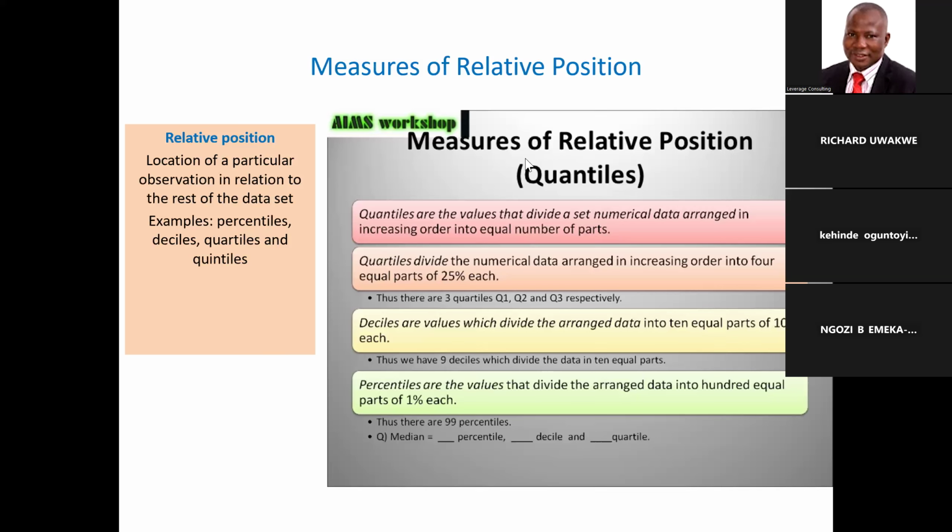And another measure of dispersion or spread here is the interquartile range. That is the difference between the upper and the lower quartile, that is 75 and 25. And they usually use it sometimes. It's better than the range because the range is affected by outliers. If you do the interquartile range, the extreme values on both the lower side and the upper side have been removed, by just knowing the value between the first quartile and the third.